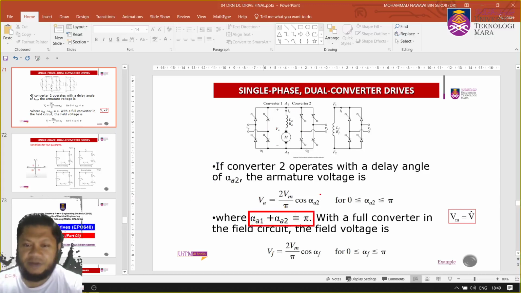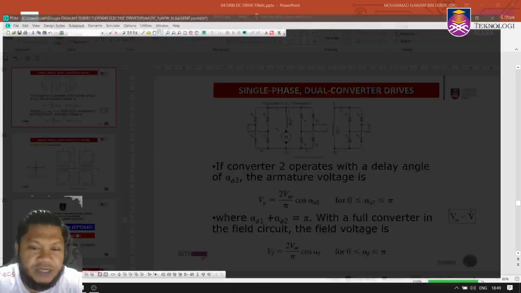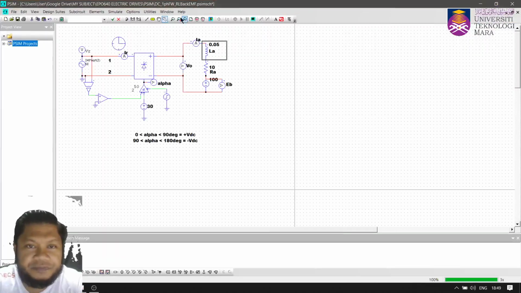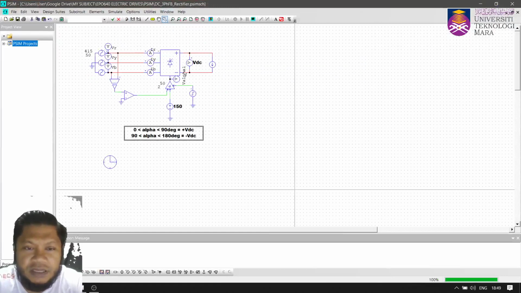Right. If I can show you the simulation, you can actually simulate this with the three phase. This is also to show you the continuous current mode operation versus the discontinuous current mode operation. You just simply have that output current.